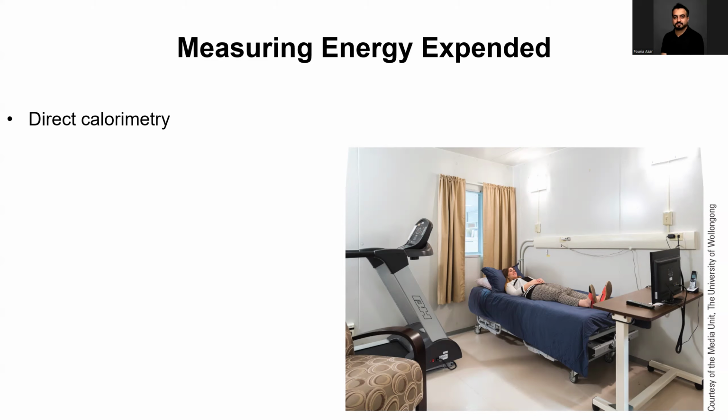Just like measuring the caloric or energy content of food, where we said we have direct and indirect, regarding the energy expenditure we also have direct calorimetry and indirect calorimetry.